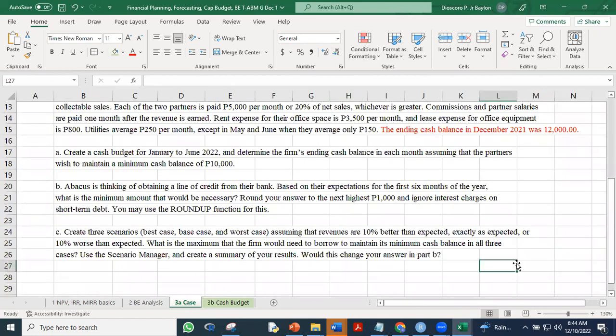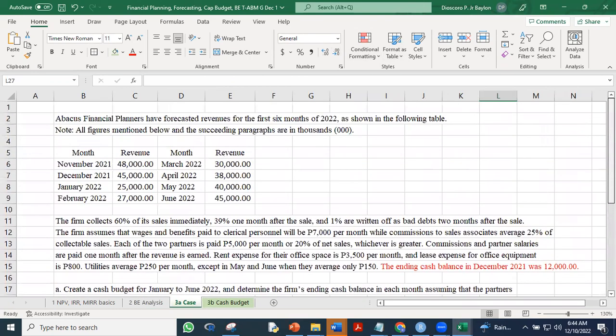This is now for cash budget. Okay, let's read the case. So this company has forecasted revenues for the first 6 months of 2022. So that should be January, February, March, April, May, June. These are actual figures.